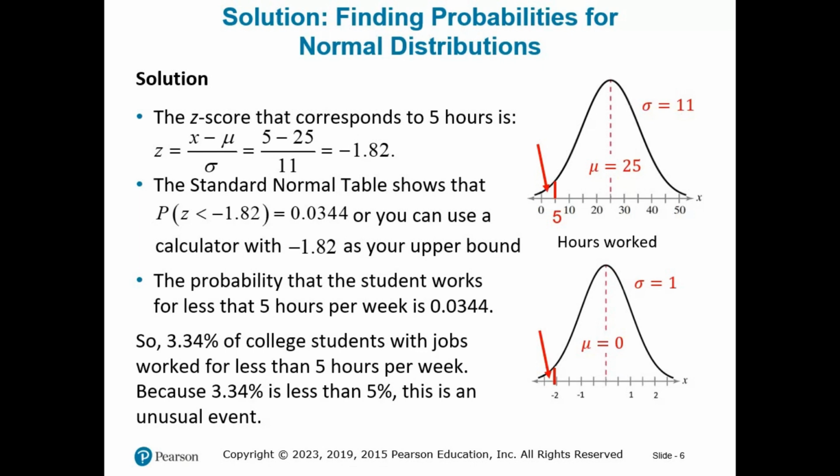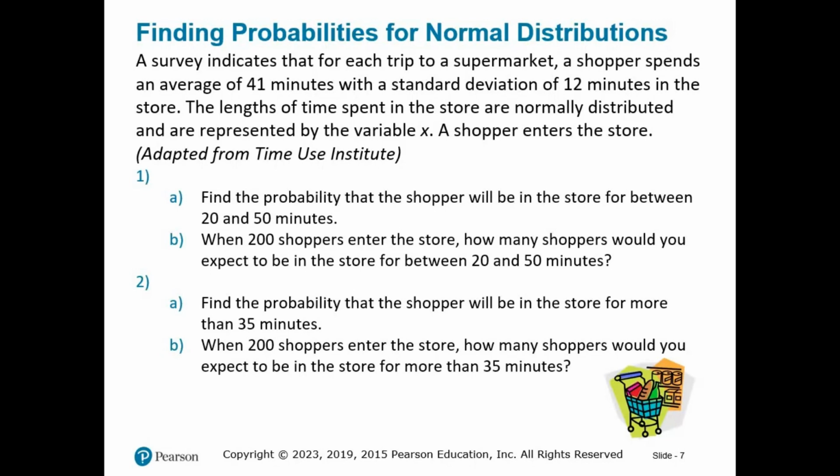Okay, let's try another. A survey indicates that for each trip to a supermarket, a shopper spends an average of 41 minutes with a standard deviation of 12 minutes in the store. The lengths of time spent in the store are normally distributed and are represented by the variable x. A shopper enters the store. Find the probability that the shopper will be in the store for between 20 and 50 minutes.